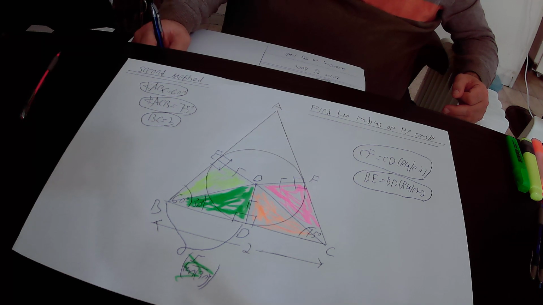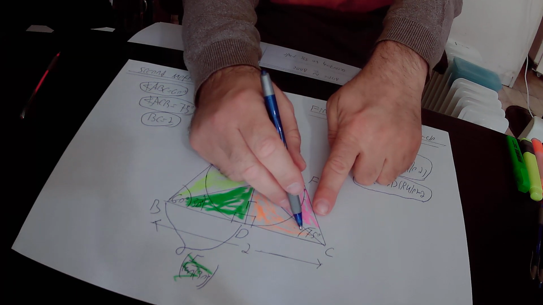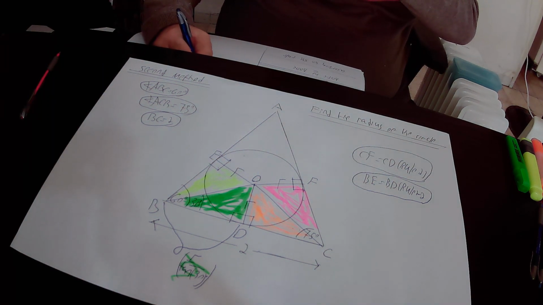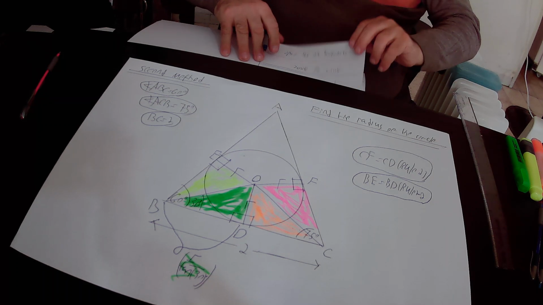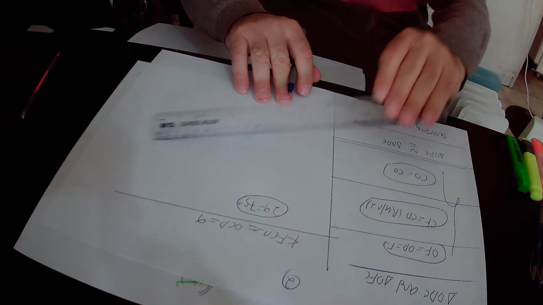If we define one of the angles as alpha, then the other angle must also be equal to alpha because they are equal to each other. So alpha plus alpha equals 75 degrees. So 2 alpha equals 75 degrees.